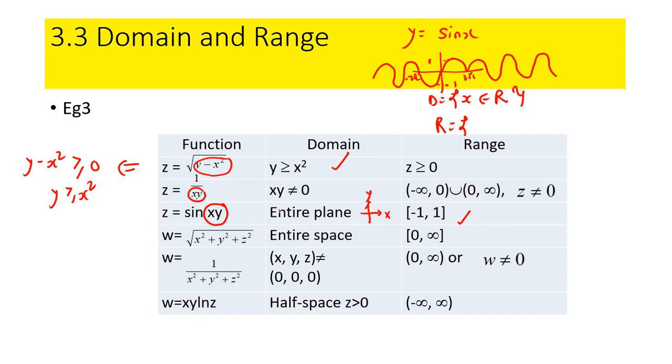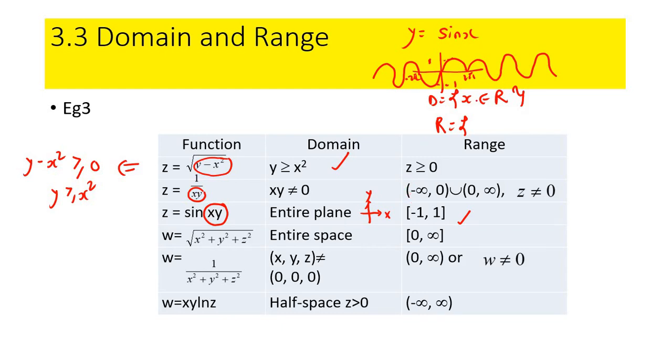So with x and y, then you get the z. So the graph of z is 3D. But for x and y here, the entire plane means all x and y take up all values. But z follows the graph of y equals sin x, exactly from negative 1 to positive 1. And the round bracket means not included.